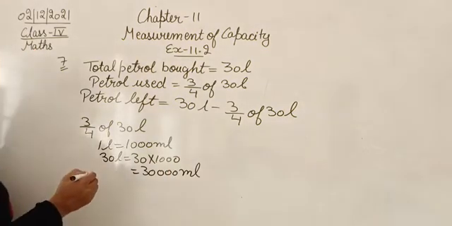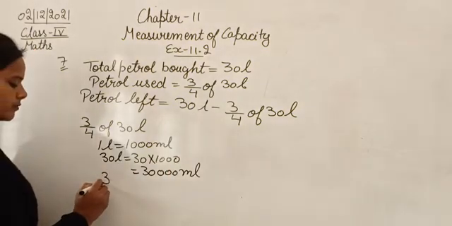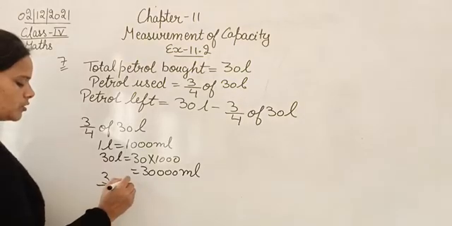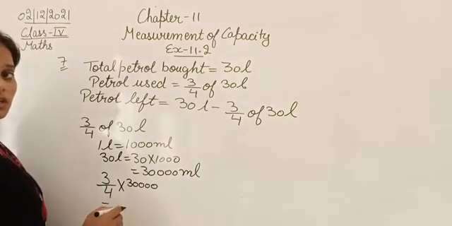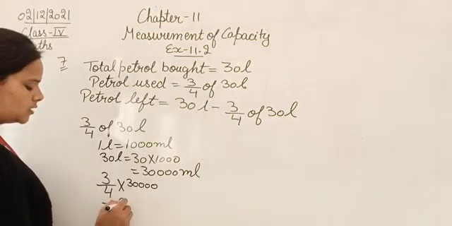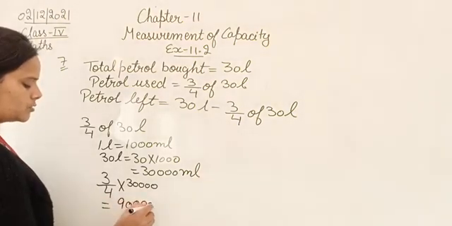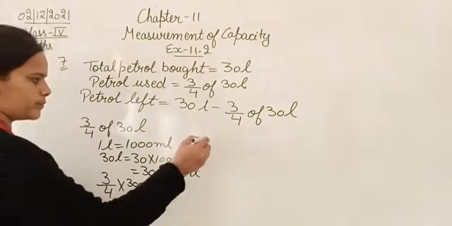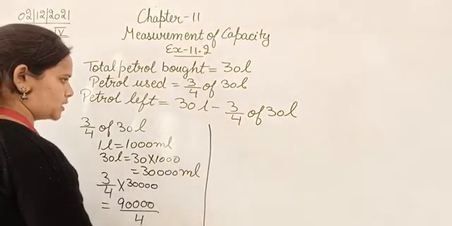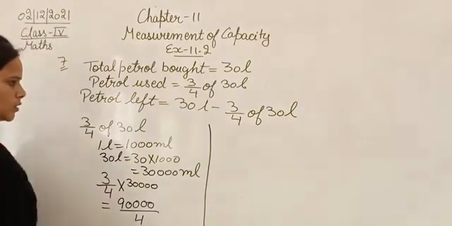Now we can find out 3/4 of 30,000. So 3 into 3, this is 9, 3 threes are 9. This is 90,000 upon 4.